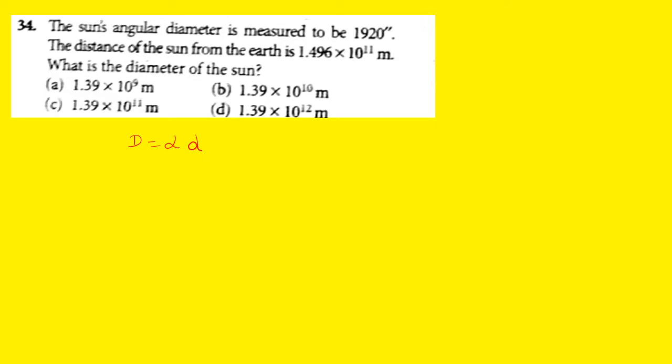Now the distance of the sun from the earth is given by D, which is 1.496 into 10 power 11 meter. This is the distance of the sun from the earth.